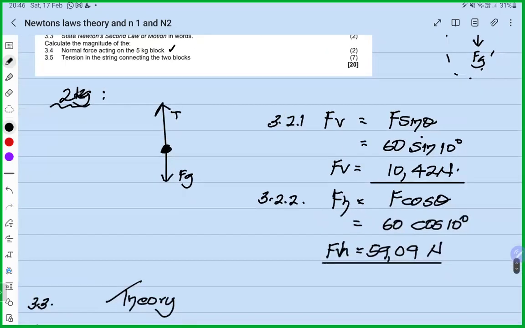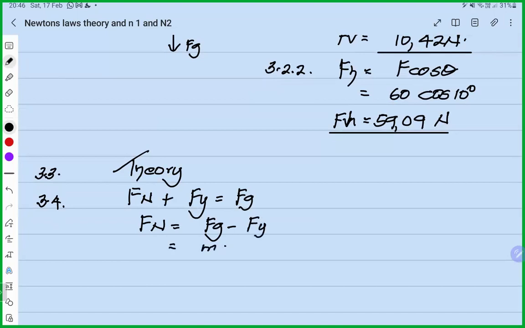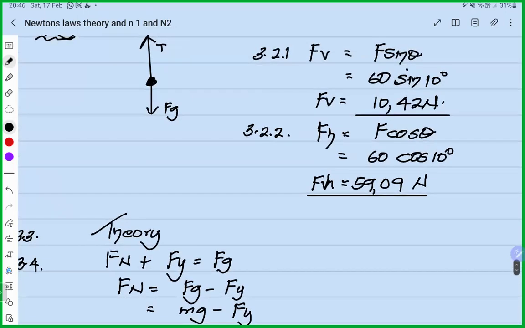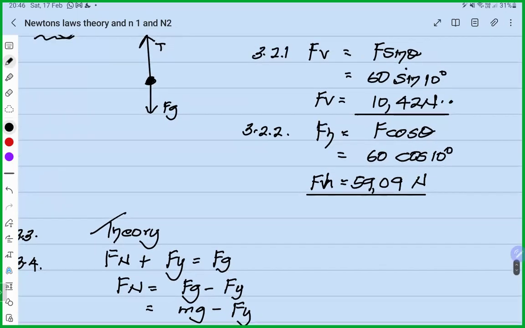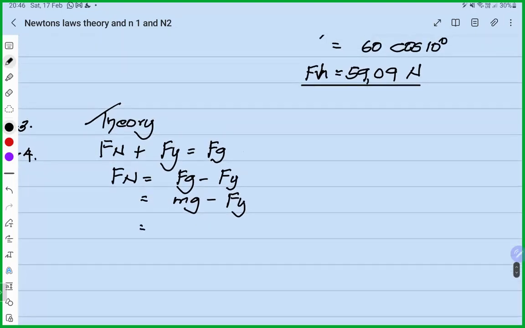So to get the normal force, I'm going to say Fn plus Fy equals Fg. So from here, your normal force is Fg minus Fy. And your Fg is mg. And your Fy, we can simply take it from above because we worked it out. Remember, this was for the 5 kilogram.